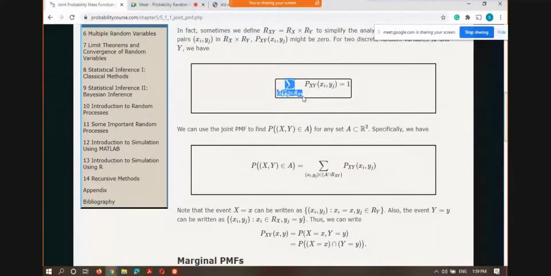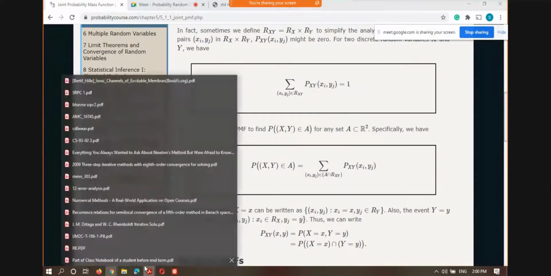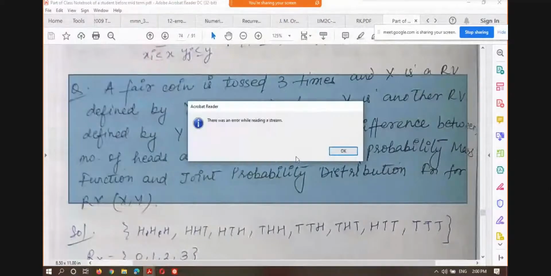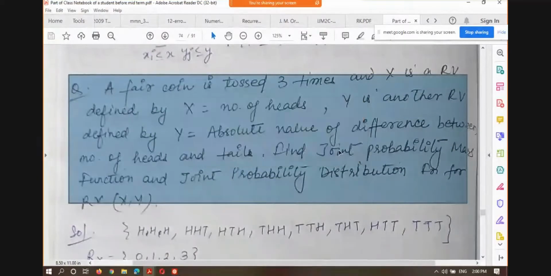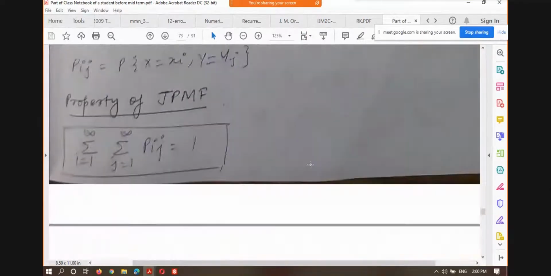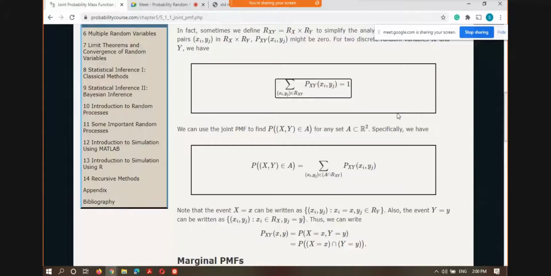Instead of double summation, he has written this in a paired sense. But it is difficult for you to imagine in a paired sense how this summation is going on. That is why in the notebook it is in the sense of double summation, so that you can easily understand it.